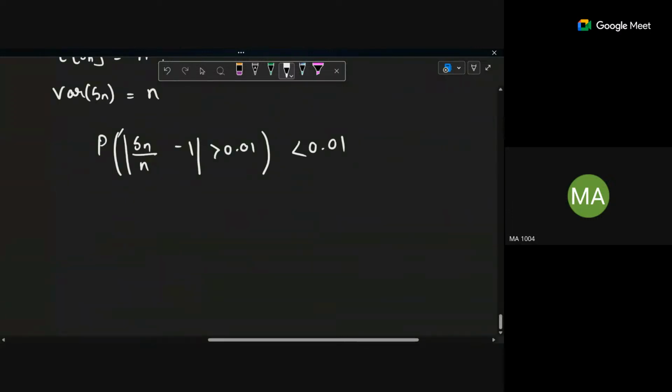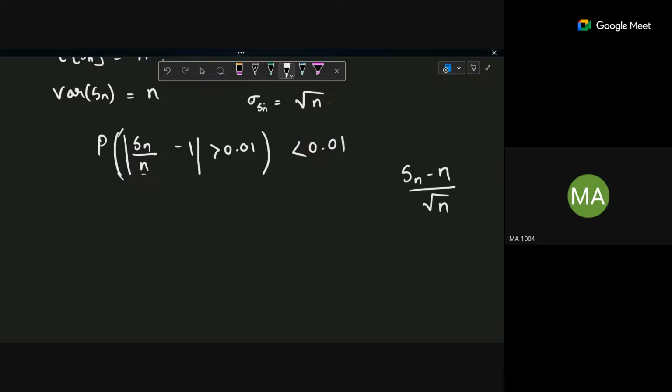The rest is just a rearrangement. I want a denominator. What do we need there? Standard deviation, right? What will be the standard deviation of Sn? Sigma of Sn will be square root of n. So here I want square root n, here I want n. So actually I want Sn minus n upon square root n, right?